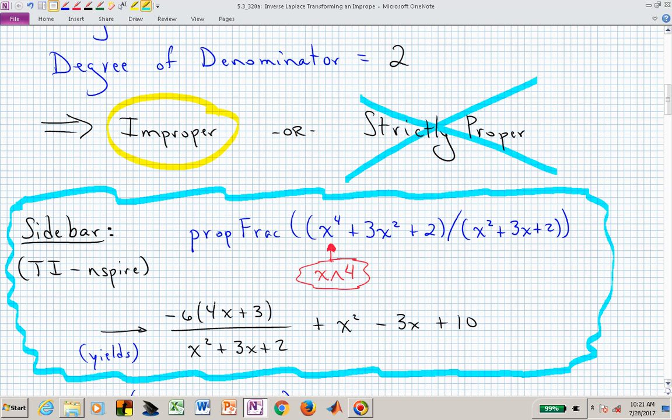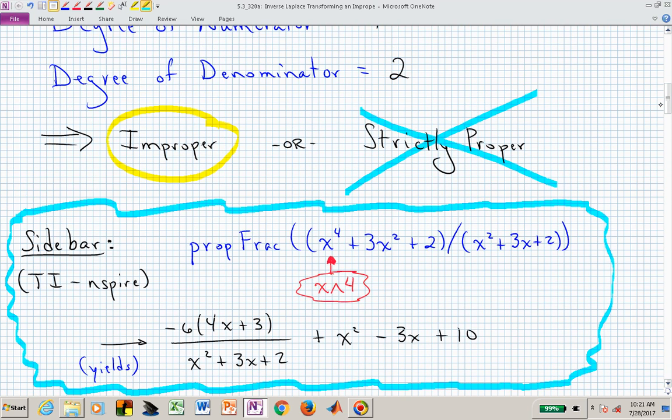You put that into propFrac, hit enter, and out pops the long division performed for you. You have a polynomial x squared minus 3x plus 10. If x is replaced with s, we have s squared minus 3s plus 10, and the numerator, where they've factored out a common 6, is now minus 24s minus 18 if we replace x's with s's.